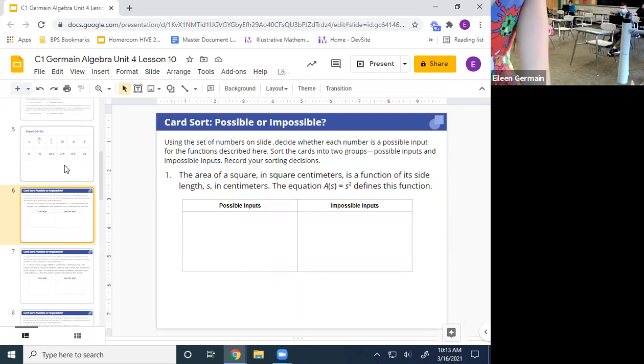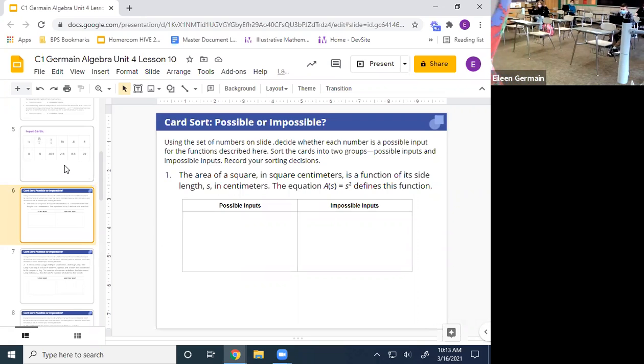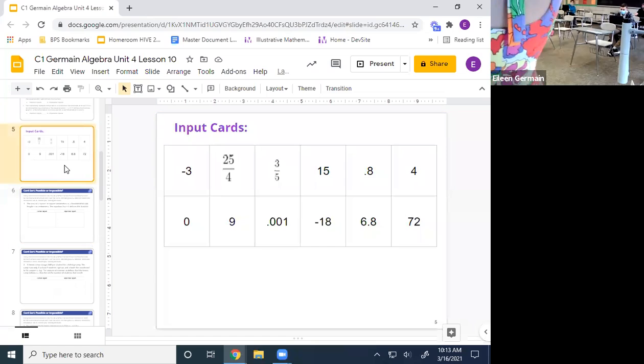The equation A of s equals s squared defines this function. So we need to go to this list and determine, is this going to be a possible input for the context of this story? Yes or no. What I need you to have open on your slides is slide number 6. I'm going to stay on this slide with the numbers, and we're going to sort this first group together.